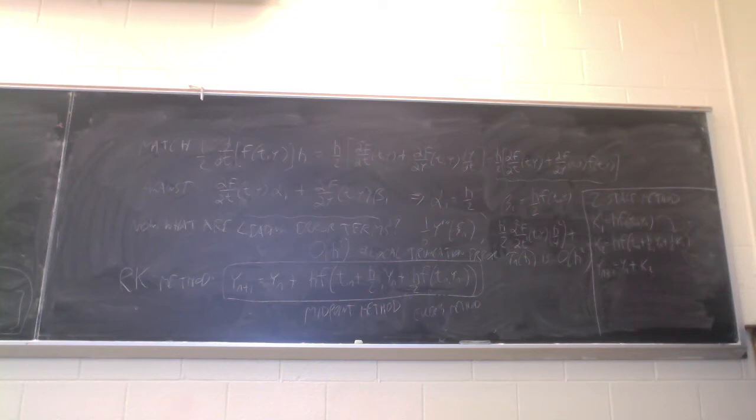You figure out how many evaluations of f you want to have, and then just match up these Taylor expansions. You have a Taylor expansion of the solution y, you have a multivariable Taylor expansion of f. You keep matching terms until you can't match anymore, and then whatever doesn't match reveals your order of accuracy. Okay. So any questions about what was done here to figure out this Runge-Kutta method?